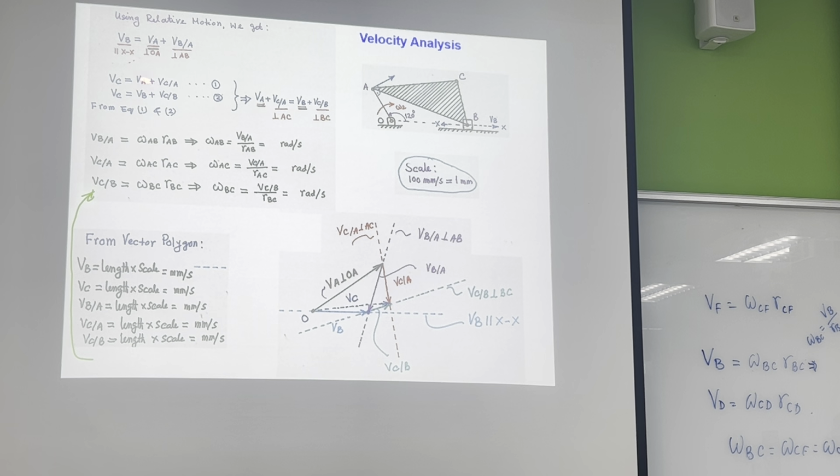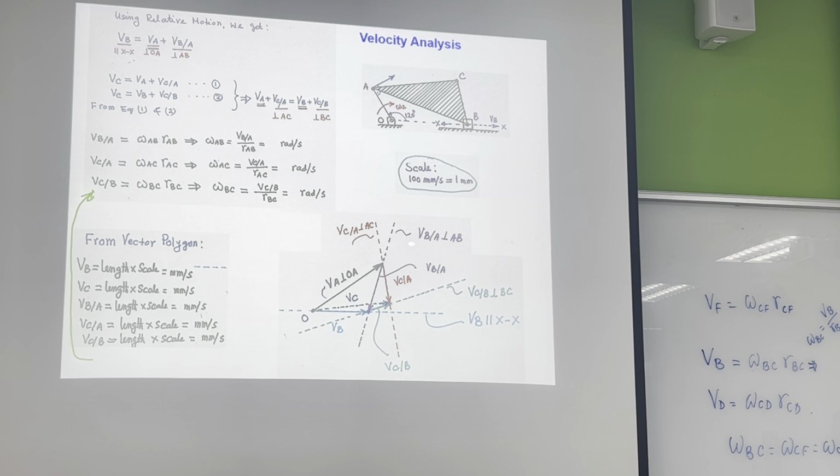Our VBA is this one. So our VCA is perpendicular to AC. It will start from the tip of where our VBA finished here. And therefore, perpendicular to this red dotted line is our VCA, perpendicular to AC. Clear to everyone?